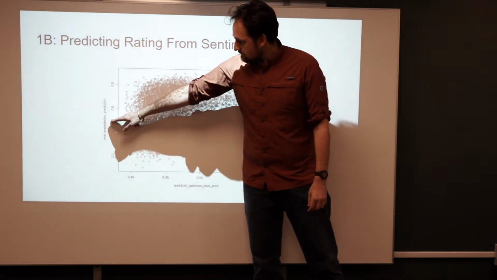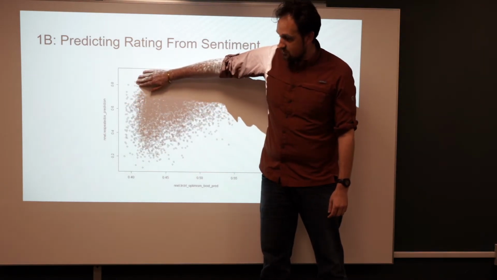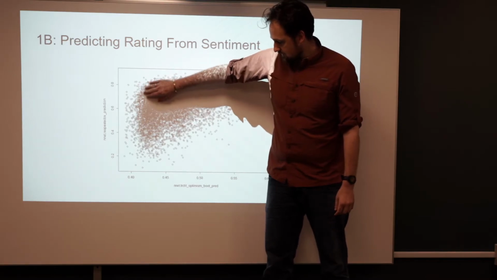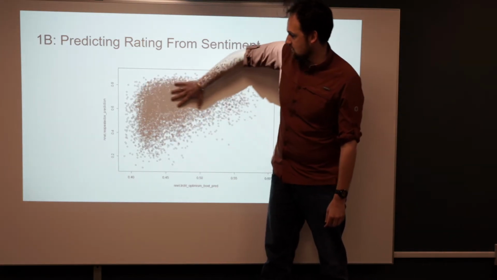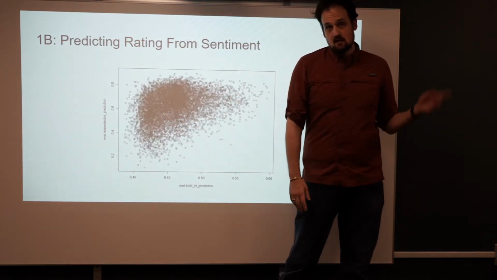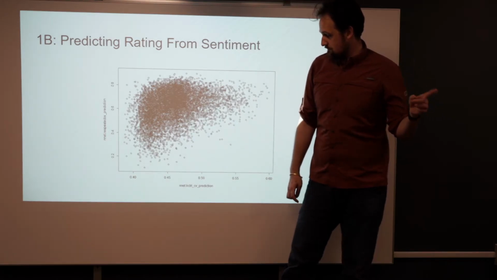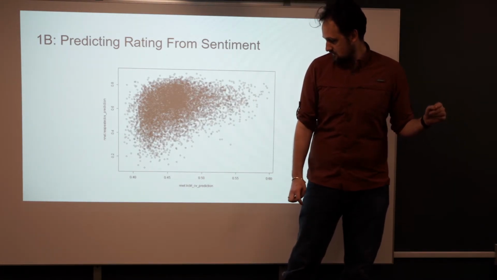Optimism boot and repeated cross-validation disagreed significantly. Repeated cross-validation tended to skew higher, while optimism boot tended to skew lower, which gives you this clustering up towards the top left side.